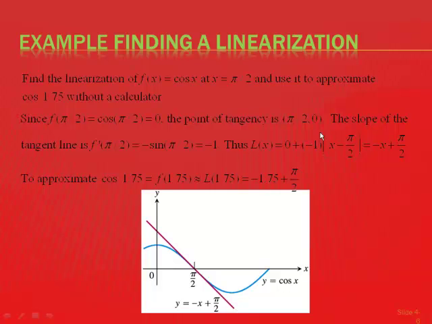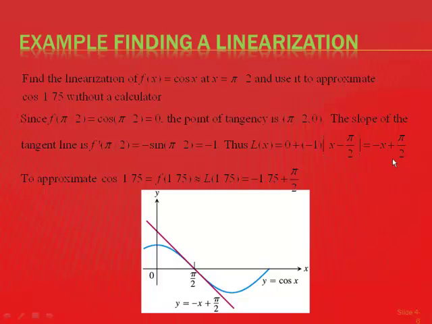Therefore, the linearization, which is just the equation of the tangent line, is y minus my y value, 0, plus m, my slope, negative 1, the derivative, times x minus my x value, which is pi over 2. I could simplify that to negative x plus pi over 2.